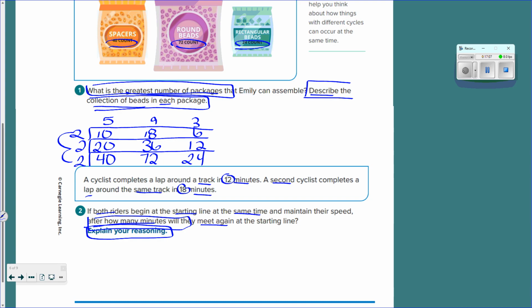And how many will be left in each bag? Yes, the spacers will have 5 beads left.